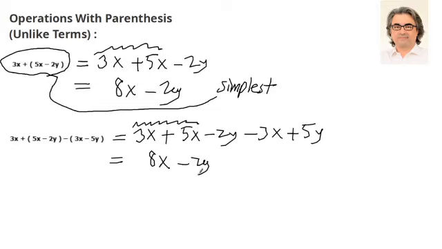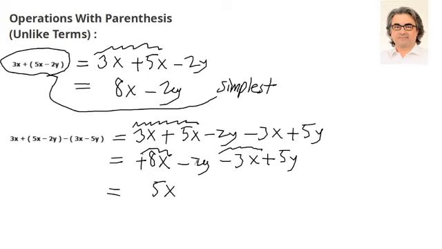Minus 2y minus 3x plus 5y. So let's continue to make the operations with the like terms. 8x and minus 3x are like terms. Plus 8 minus 3 is 5. So I should write here plus 5x.